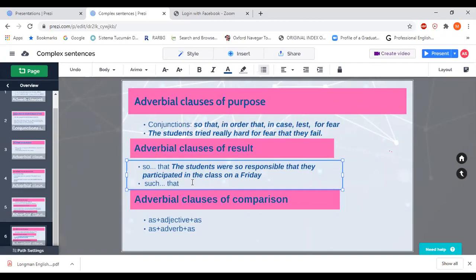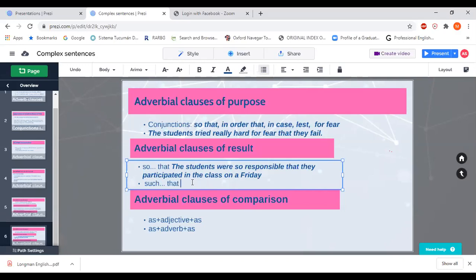Okay, then we have adverbial clauses of comparison, and that follows the usual pattern of as plus adjective plus as, or as plus adverb plus as. Can you think of an example?